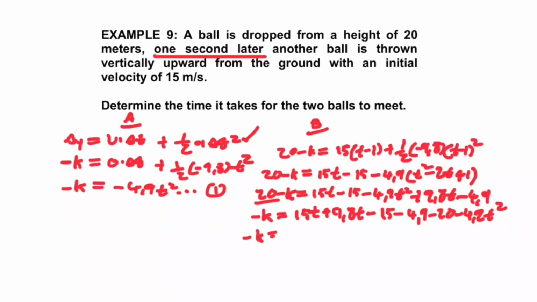Minus k will equal, what is 15t plus 9.8t? That will give us 24.8t. Minus 15 minus 4.9 minus 20 will give us minus 39.9. And lastly, minus 4.9 t squared. This is equation 2.